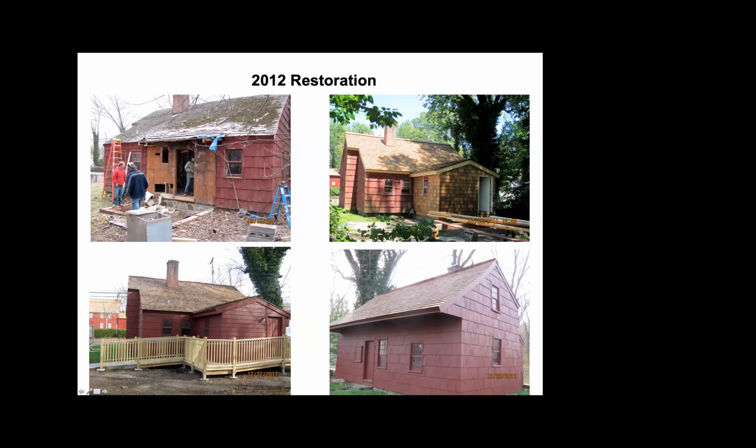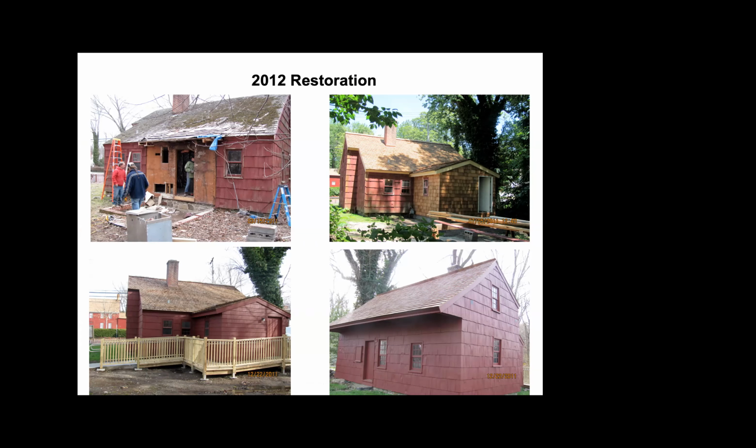In 2012, many years after the woman had died, that studio apartment was also restored to the 18th century. A new wing was added in the back to hold all the mechanical equipment, and now the house looks the way it did when Job Samus lived there.